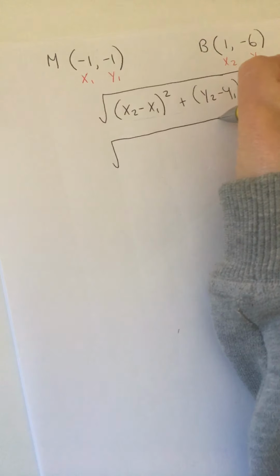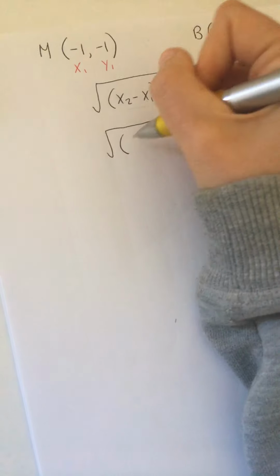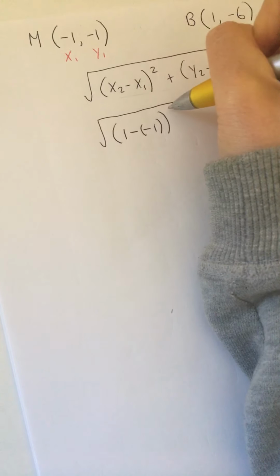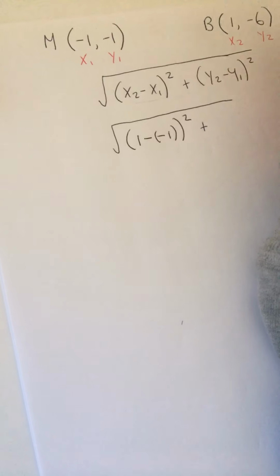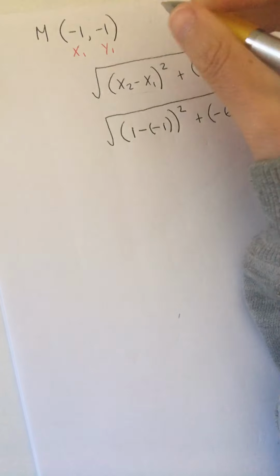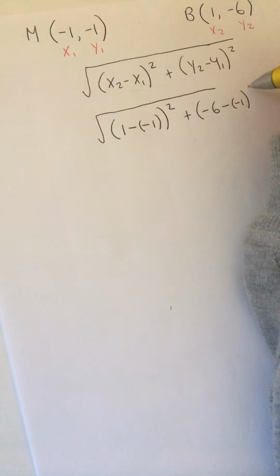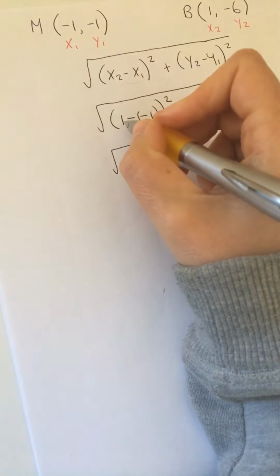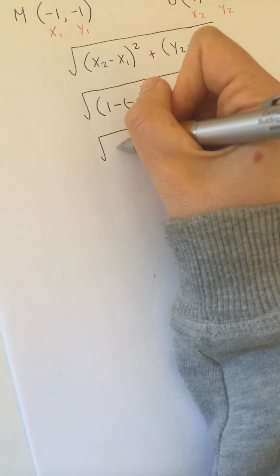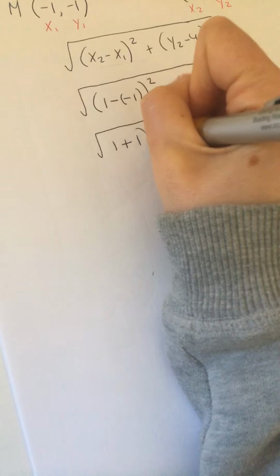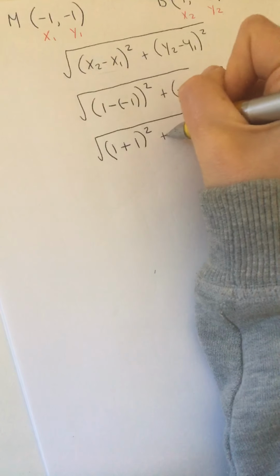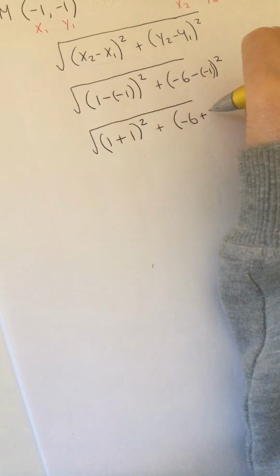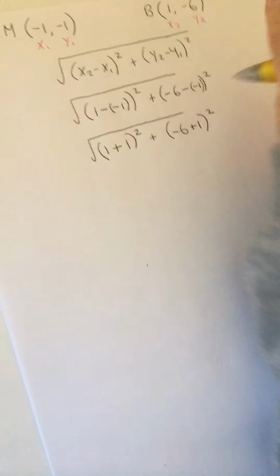Filling it in then. x2 is 1, x1 is minus 1 squared plus y2 is minus 6 and y1 is minus 1. So we have 1 minus minus 1 makes it 1 plus 1. And then minus 6 minus minus 1 is plus 1 squared.